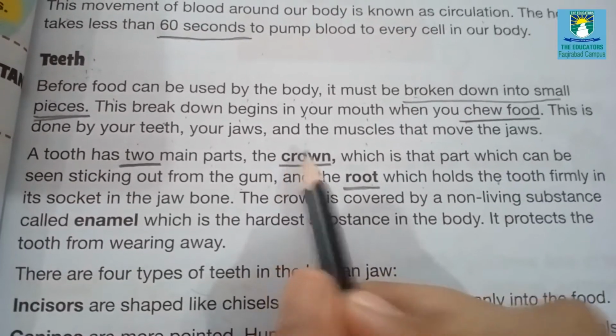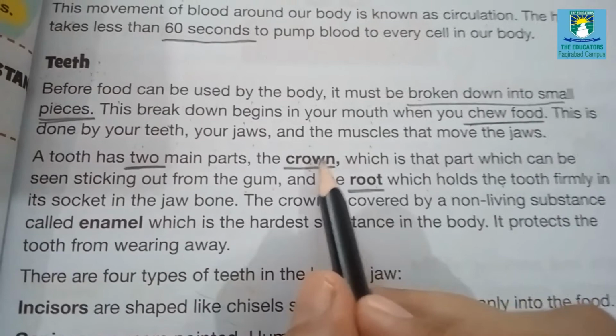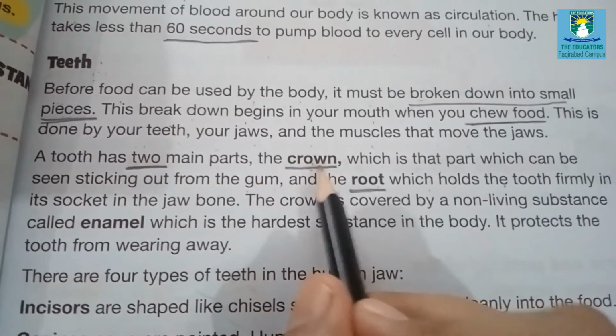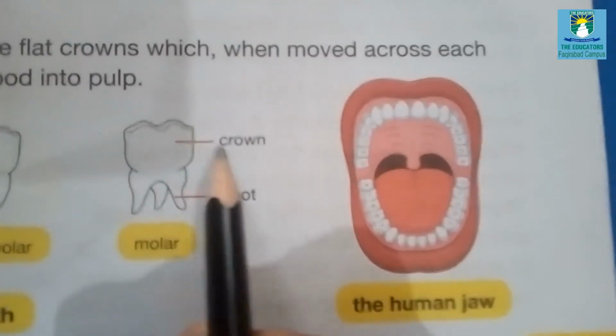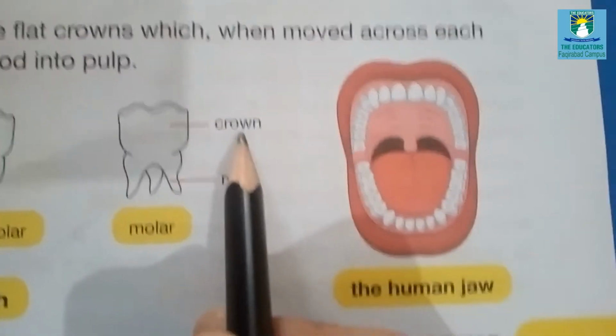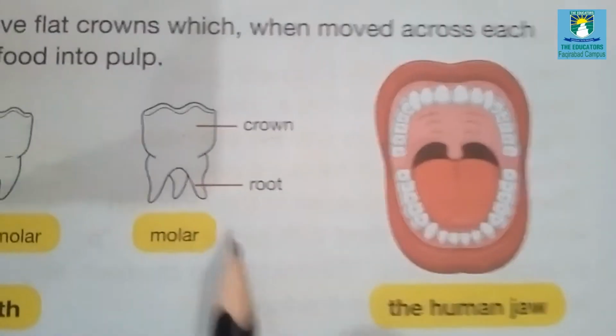The crown is the part that sticks out from the gum. Look at this picture. This part is known as the crown, which is sticking out from the gum.